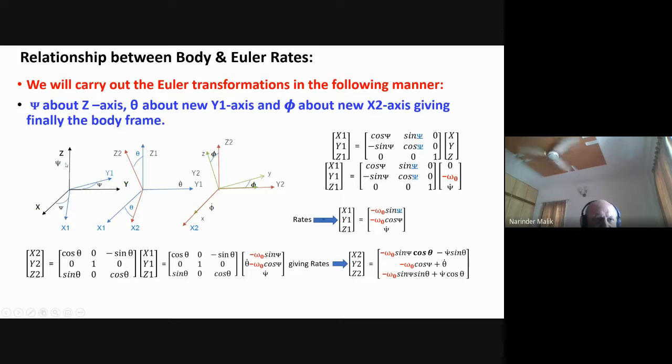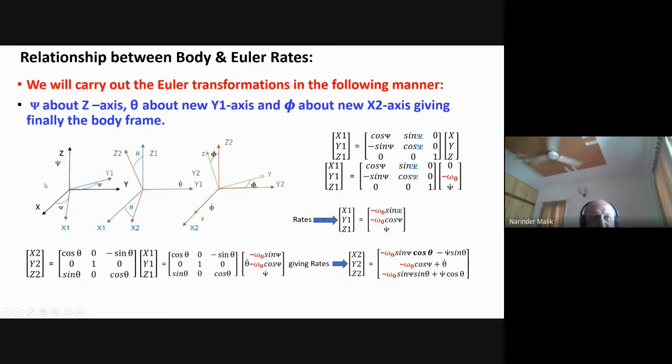So here x, y, z represents the orbit reference frame. We first give a rotation about the z-axis, that is the yaw axis, by angle psi. After rotation, this becomes x1 and y1, and the angular rate is psi dot. So we can write x1, y1, z1 and relate it to the orbital x, y, z axes by this transformation.